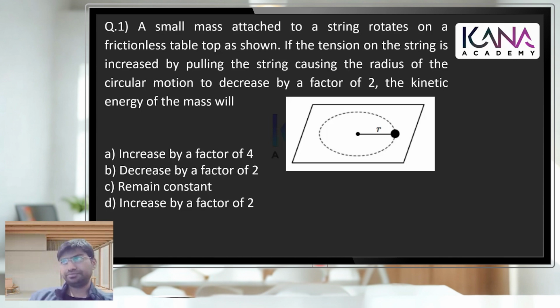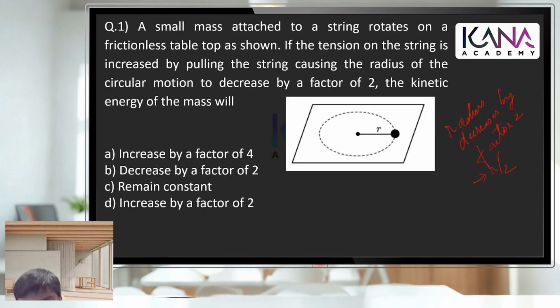So here it has been given that there is a particle on a table on a string, and the radius decreases by a factor of 2. So that means R becomes R by 2 by pulling.